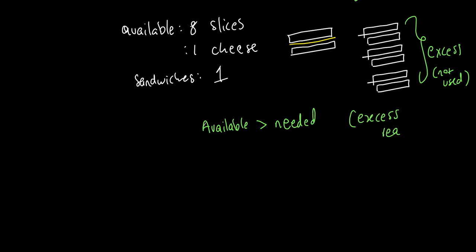I repeat, it tells us that the thing you are focusing on is in excess. In this case, our slices of bread are in excess because of the rest of the 6, we do not use them. We only use the 2.